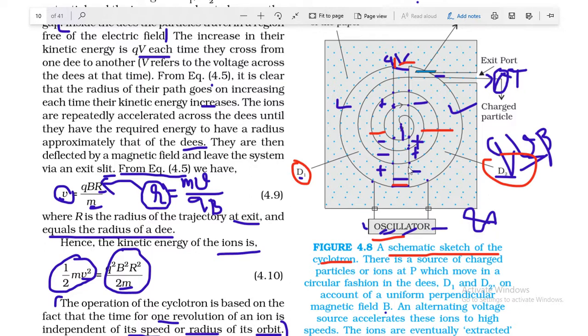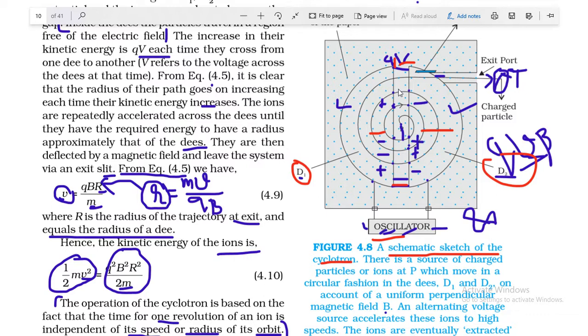Okay, so after each time it crosses the gap, it gains energy, and the energy is given by Q into V. This is the most important point about cyclotron.